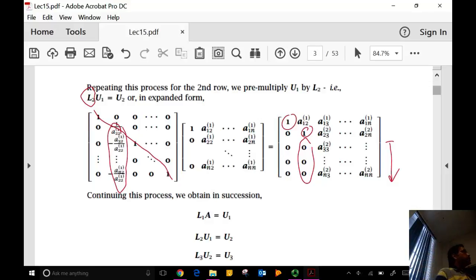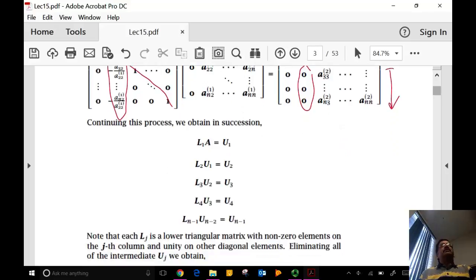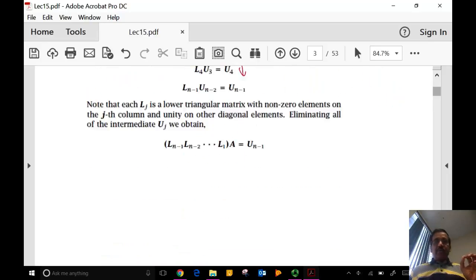Now L2 is defined in the sense every element in here is known. So we can actually assemble this matrix, carry out this matrix multiplication, and you will get this. Just like L1 was also defined in terms of known coefficients in A. So what you see is a sequence like this. The LU decomposition is nothing but a sequence of matrix multiplications starting with A to produce a sequence of matrices that eventually lead to a strictly upper triangular matrix.